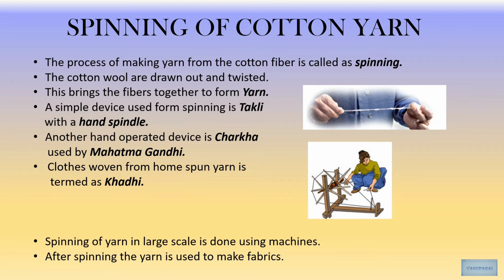One is called takli, the other one is called charkha. Charkha was the one which Mahatma Gandhi used. In both the cases, the yarn is being spun over a wheel and then it is used to make the fabric. Fabric made from this homespun yarn is termed khadi.